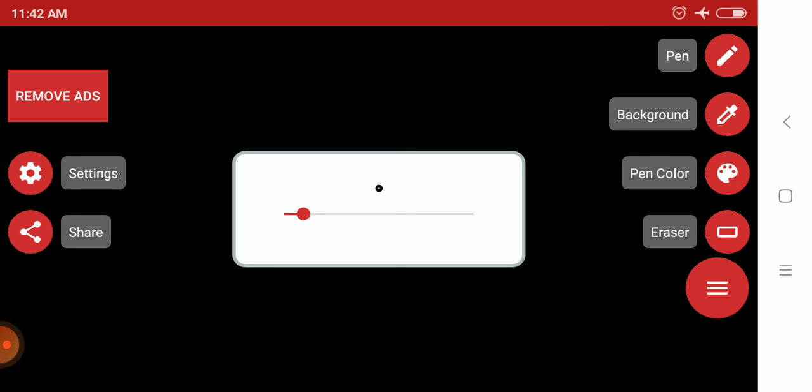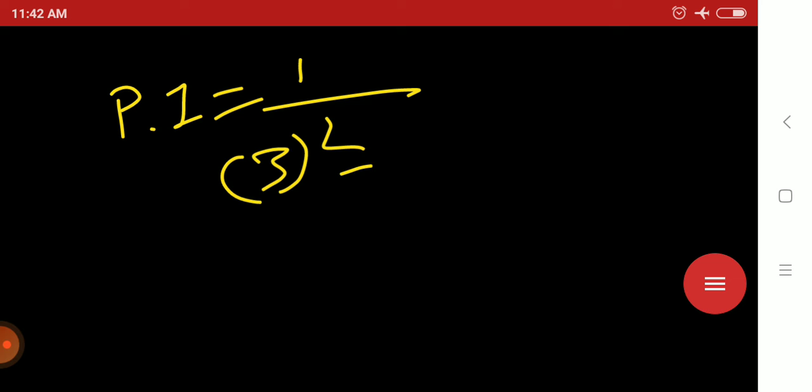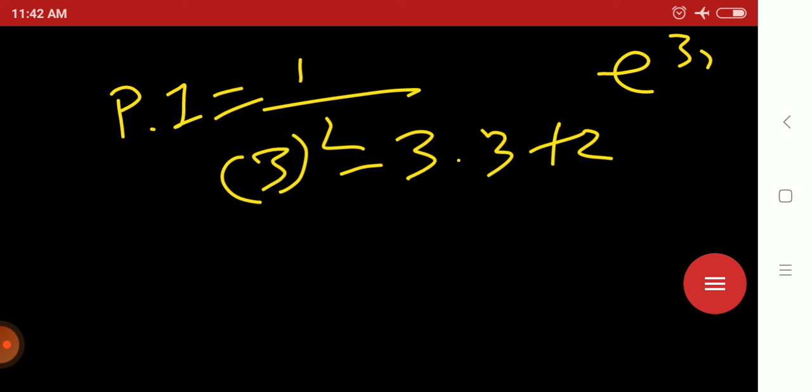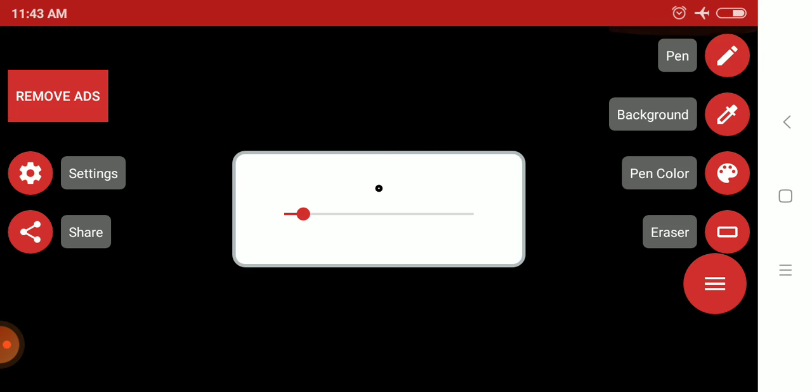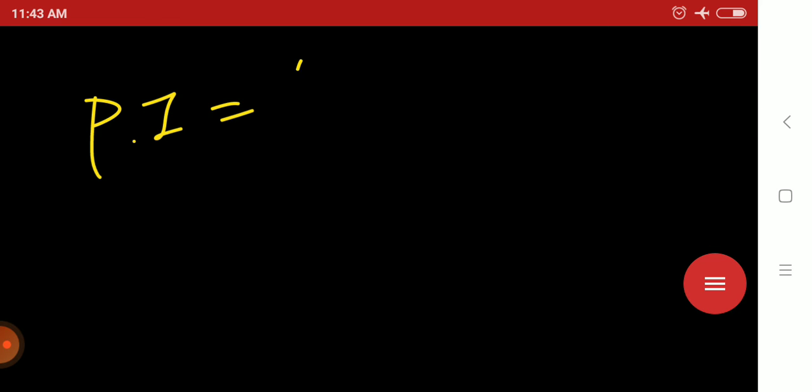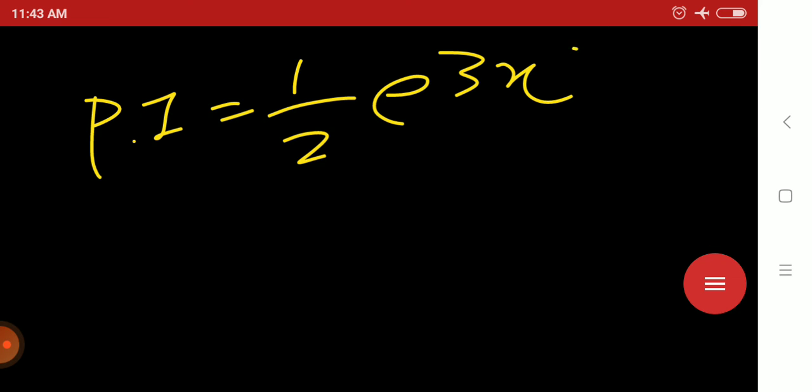You will get particular integral equals 1 by 3 square minus 3 into 3 plus 2, e to the power 3x, that is 1 by 9 minus 9 plus 2, e to the power 3x. So the particular integral you are getting is half into e to the power 3x.